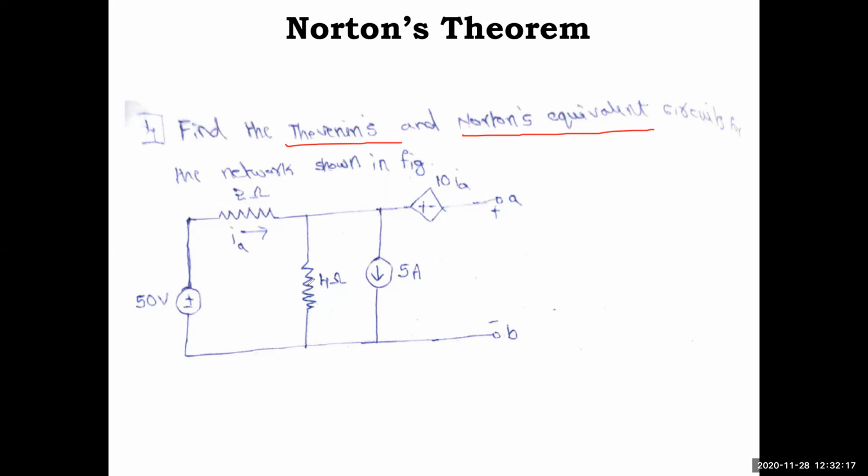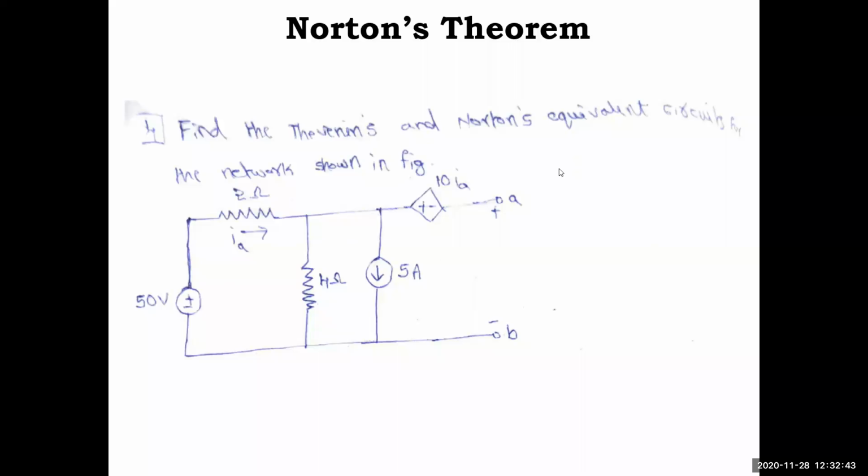It may be difficult for you to find VAB, right? So for that, you convert this into a voltage source in series with a resistance. Apply source transformation and make the circuit 5 into 4, which is 20 volt in series with 4 ohm. Like that you make a circuit and then you can easily go for the next step. That is the first step I am applying here.